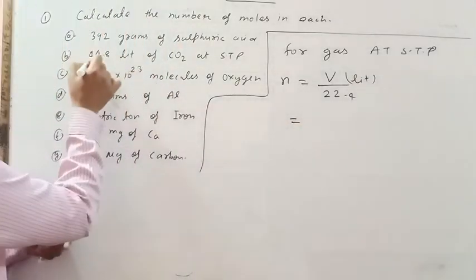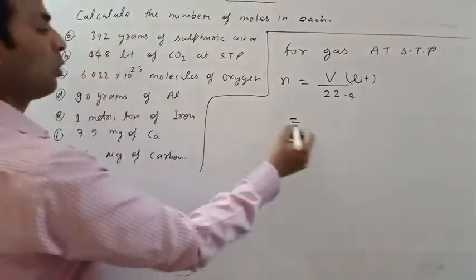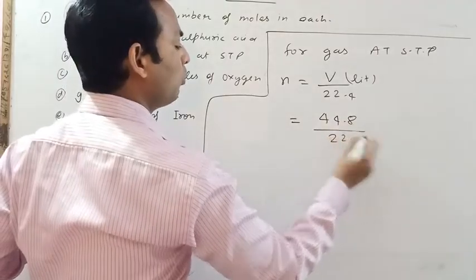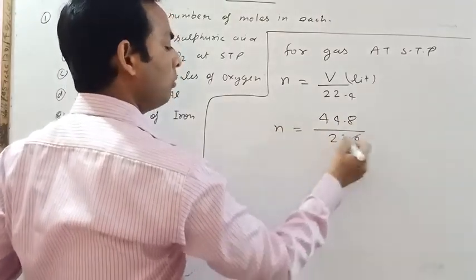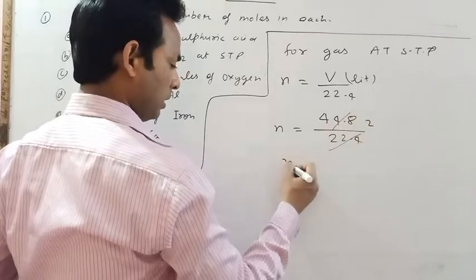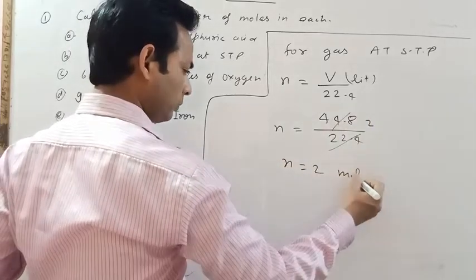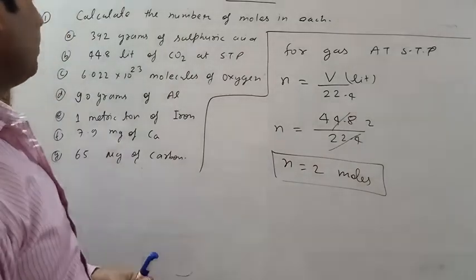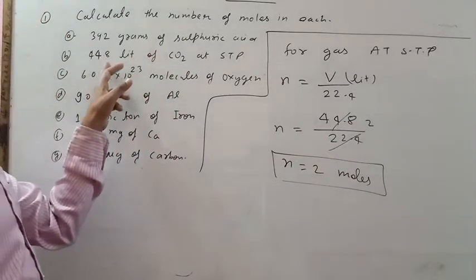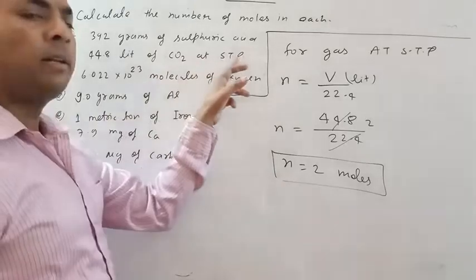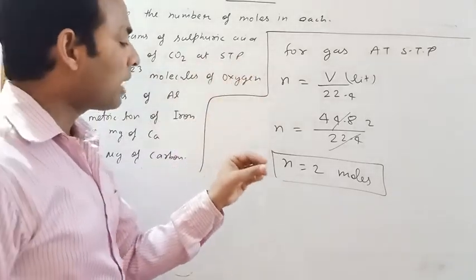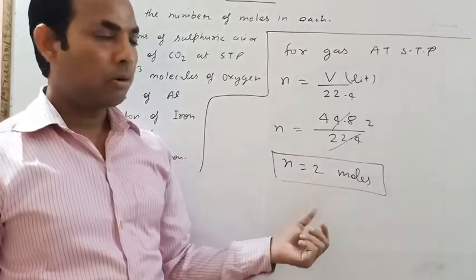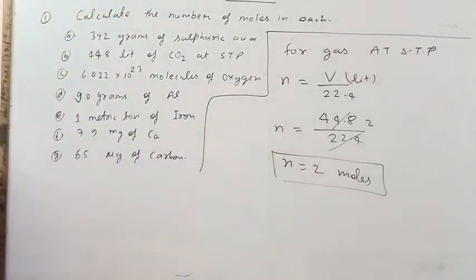Look here, the volume given is 44.8. So 44.8 divided by 22.4. Now this value will cancel 2 times, so the answer will be 2 moles. So we can say, if I take 44.8 liters of CO2 at STP, then the total number of moles of CO2 is 2. The 2 is the correct answer. Okay, please take a screenshot.